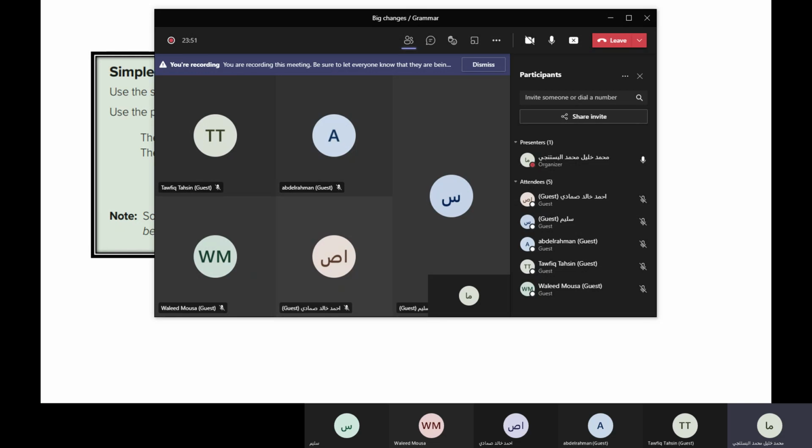So if something happened and ended in the past, at a specific time, we use the past simple. Now look at the example. Now look at the present.